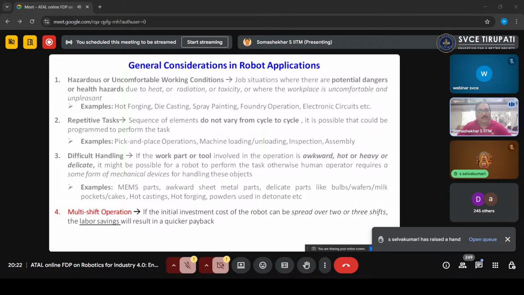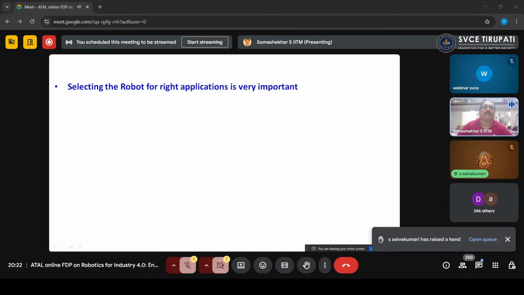If the initial investment in the robot can be spread over 2 to 3 shifts, the labor saving will result in a quicker payback. For example, plastic molding parts, die casting, welding, painting, assembly, inspection: you use the robot in multi-shift operation. When you are selecting and designing robots, you have to consider these 4 important aspects.